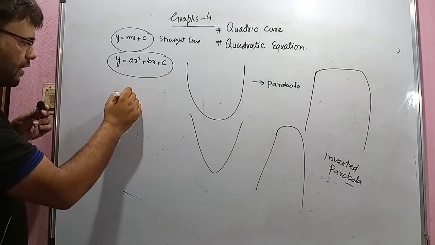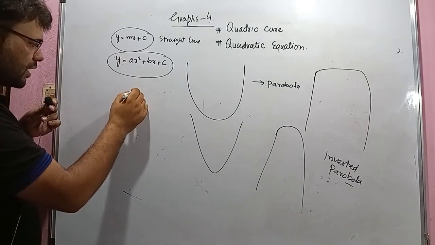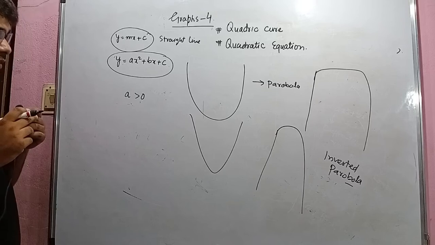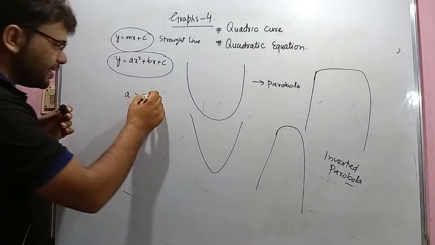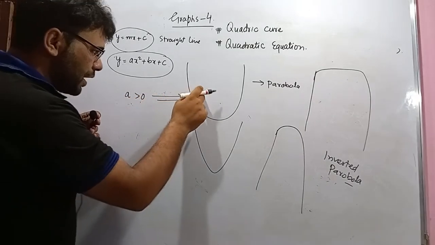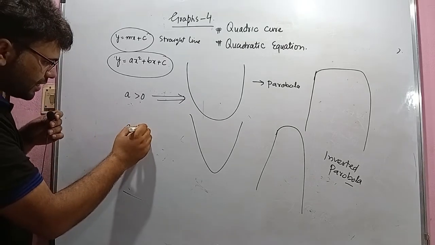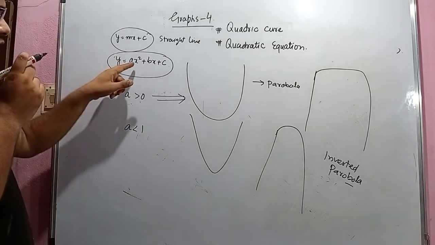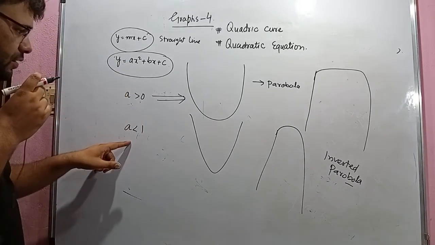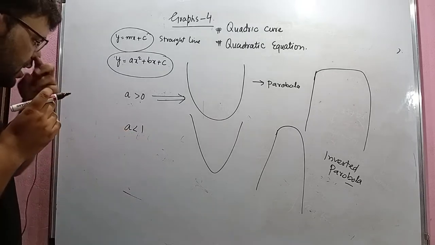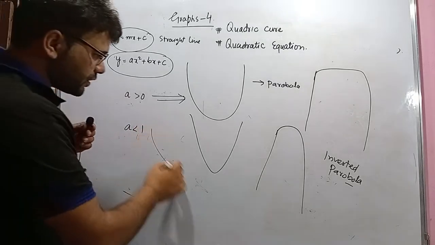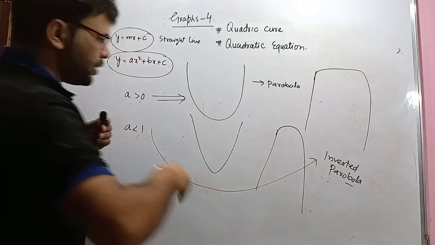If the value of a, that means coefficient of x square, is greater than 0, then its shape will be parabola, U shaped. If its value is less than 0, that's coefficient of x square is less than 0, it means its graph will be inverted, like this inverted parabola.